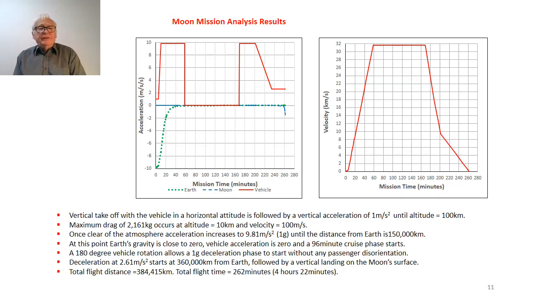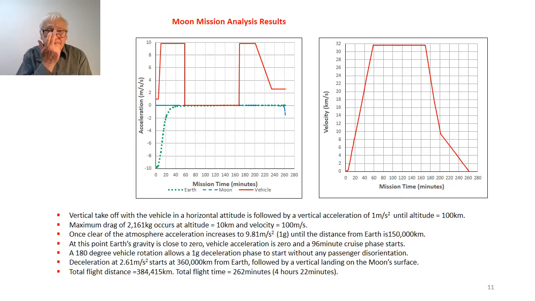Now, once clear of the atmosphere, the acceleration, as seen from the profile, increases to 9.81 meters per second squared, which is 1 G, so it's quite comfortable for the passengers. And this carries on for almost 60 minutes until you get to a distance from the Earth of about 150,000 kilometers.